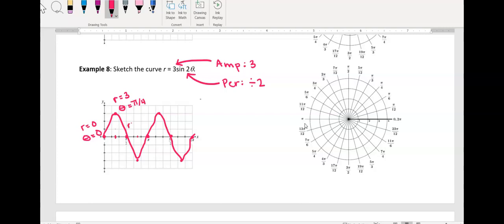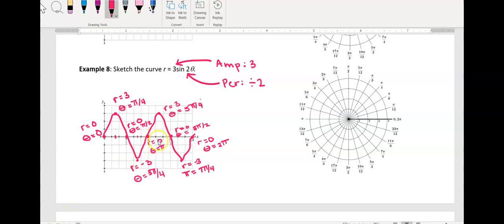This third one would have a radius of 0 and an angle of pi over 2. And then you just keep going all the way to the end, labeling each important point with a radius, or your R, and your angle measure. So I've labeled each of the important points.